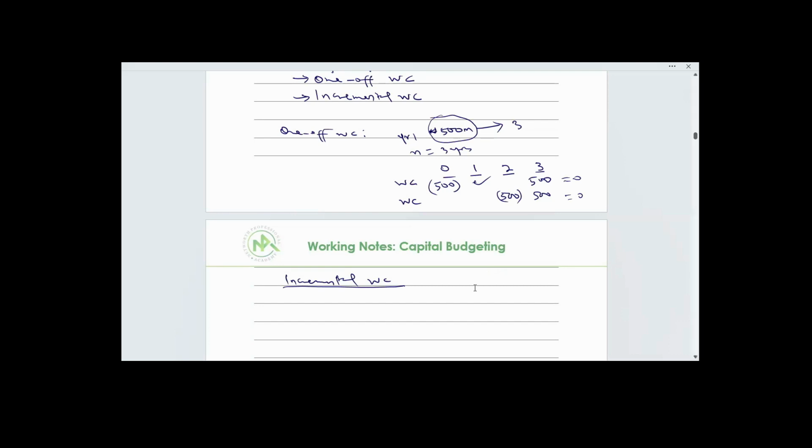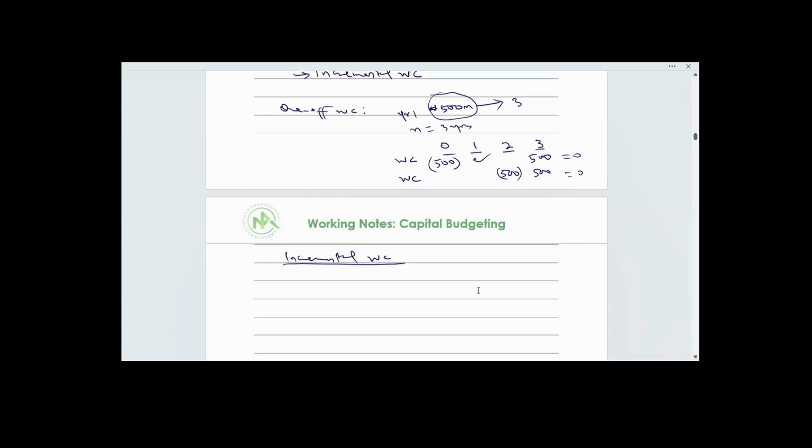For example, we are given a working capital for year 1, year 2, year 3, for simplicity. So we are given a working capital for year 1 of, say, 200. In year 2, it has increased to 250. In year 3, it has increased to 300.